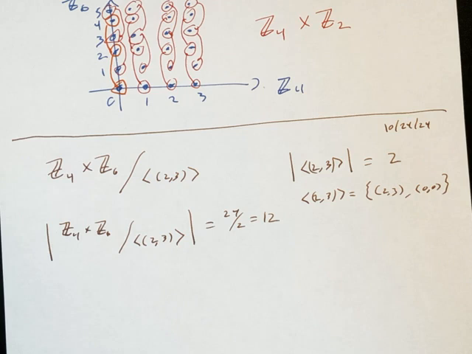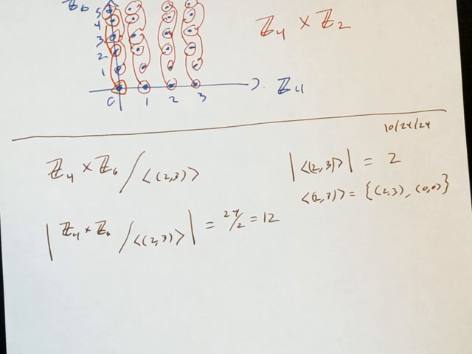Z12, and then Z3 times Z2 times Z2, and then Z3 times Z4. Okay, but 3 and 4 are relatively prime to each other, right? So Z12 and Z3 times Z4 are actually isomorphic. So there'd be two. There are only two of them.